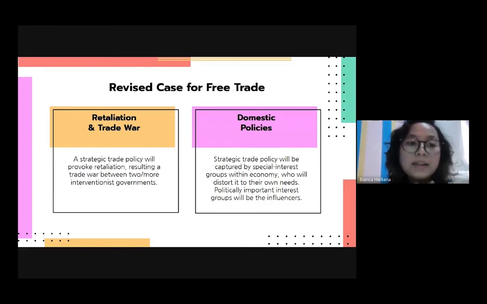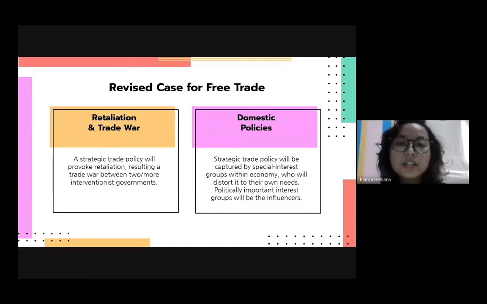According to Krugman, such a policy is almost certain to be captured by special interest groups within the economy, who will distort the economy to their own ends. To be short, government intervention, according to Krugman, can result in retaliation and trade war, and also distort domestic policies.